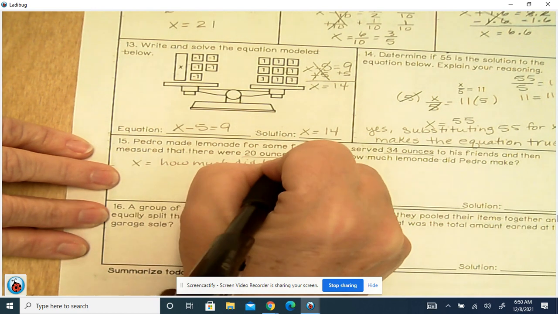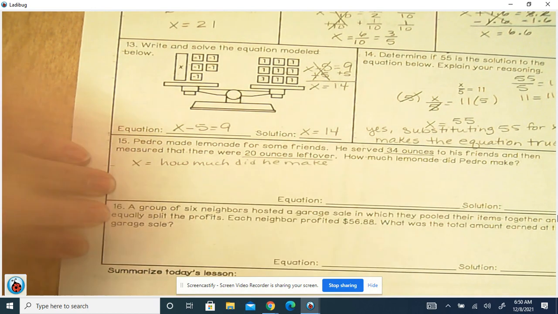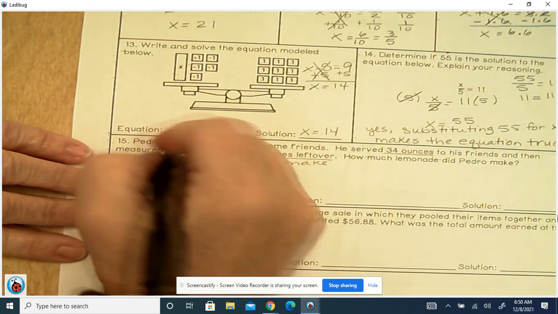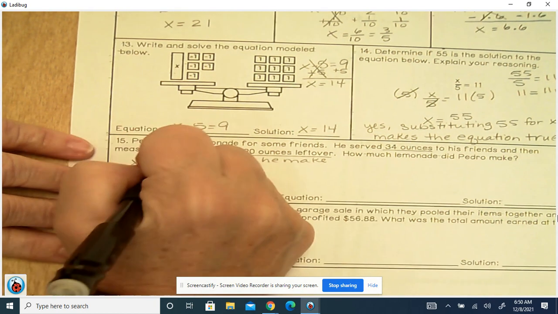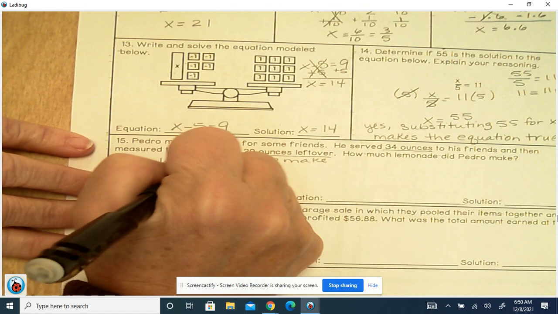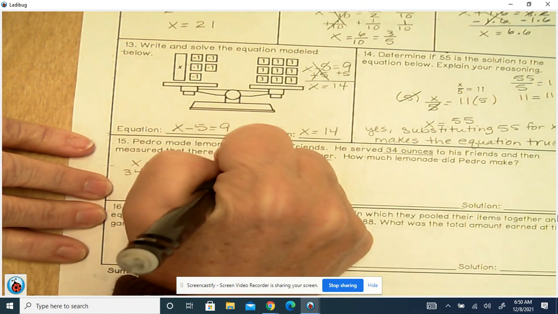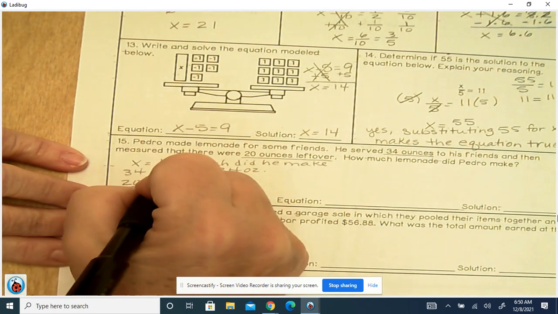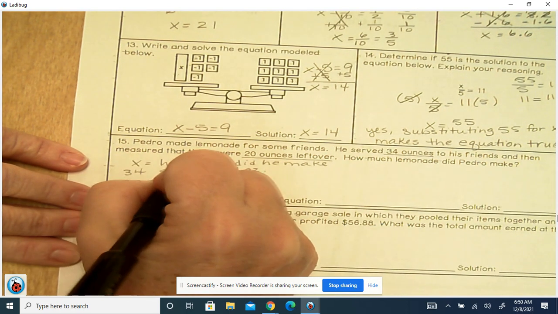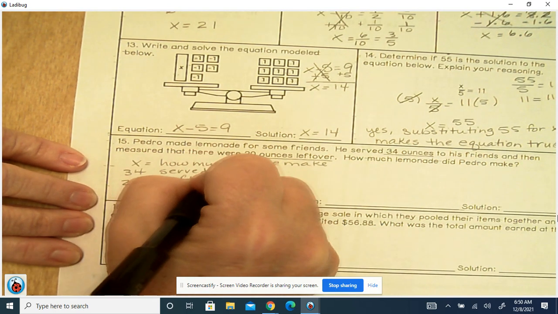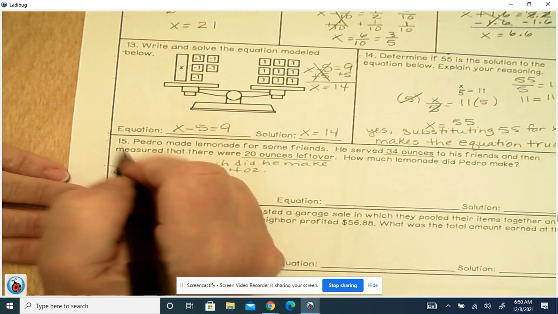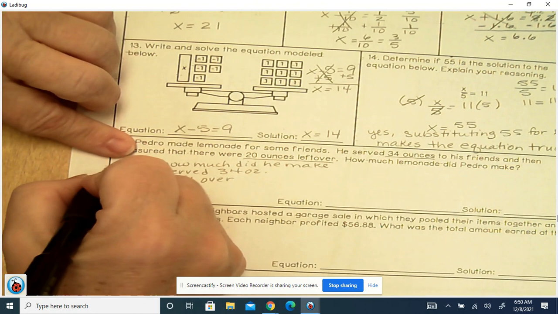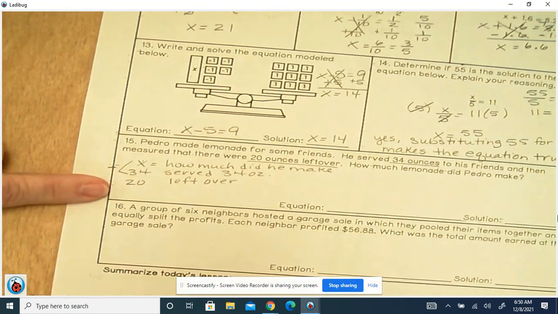So how much did he make? All right, he served 34 ounces, and he has 20 left over. So that means 34 subtracted from this is going to give you that 20.